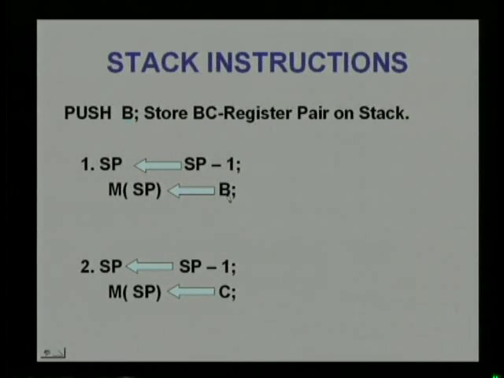The contents of this higher order register will be copied into the memory location addressed by stack pointer, that is latest contents of the stack pointer. In the second step, stack pointer gets again decremented by 1, that is stack pointer becomes stack pointer minus 1. And now lower order register contents, in this case register C contents, will be copied into the memory location addressed by latest contents of stack pointer. Stack pointer, you know, holds always the top of the stack.